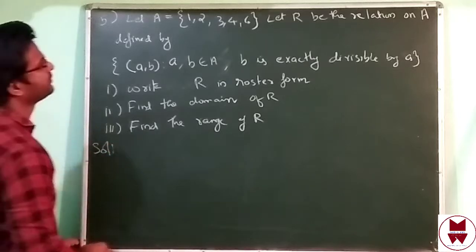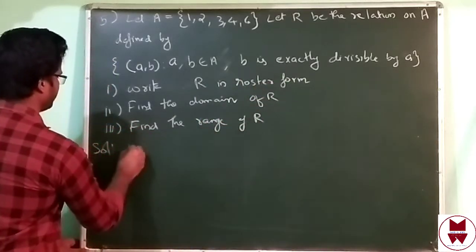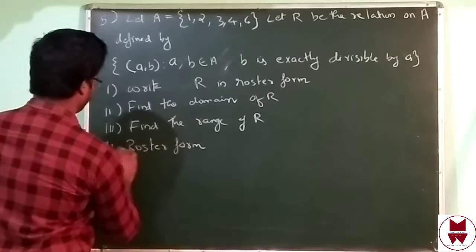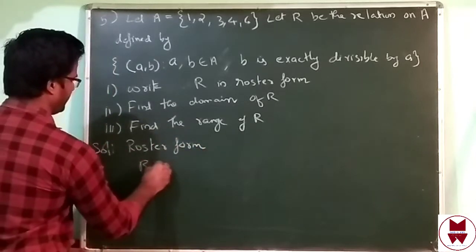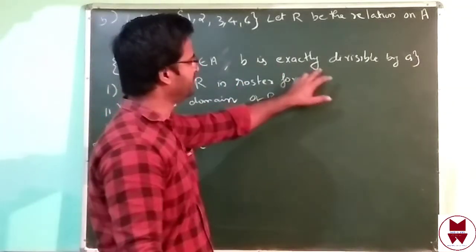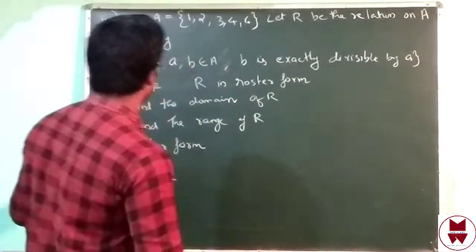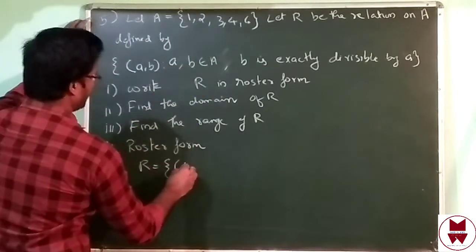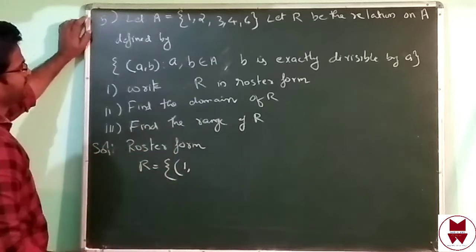First we can write it in roster form. R equals the set with the condition that b is divisible by a. That means we take 1, only one set given, A to A relation.